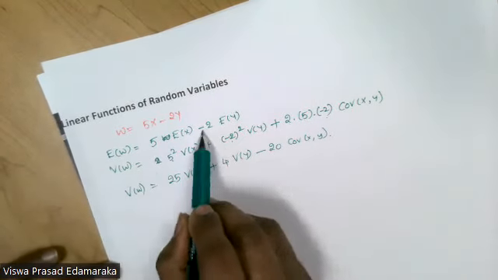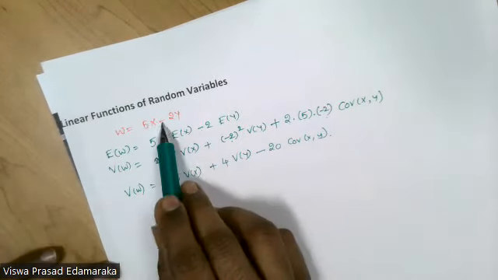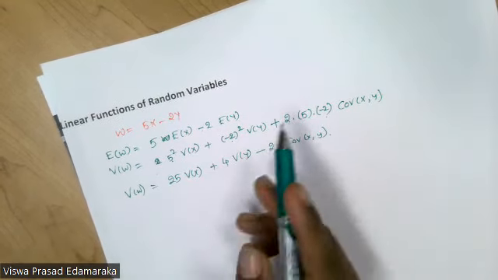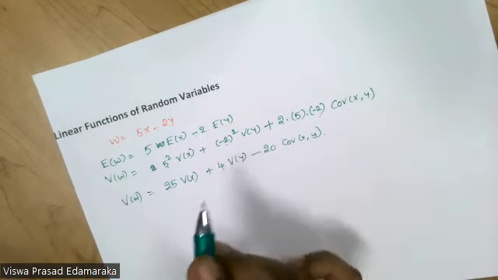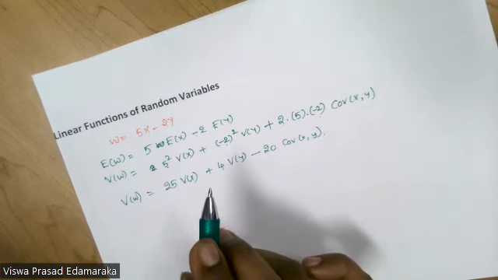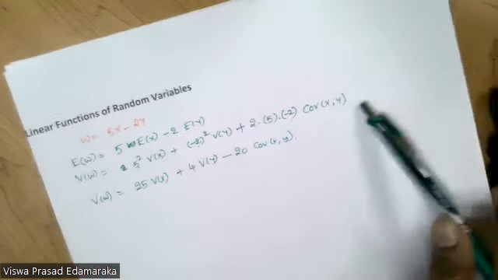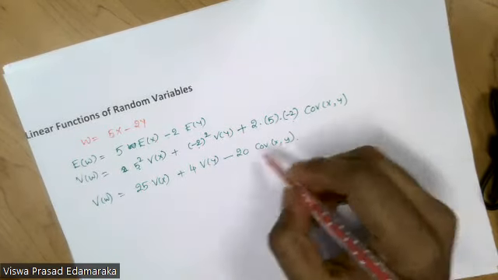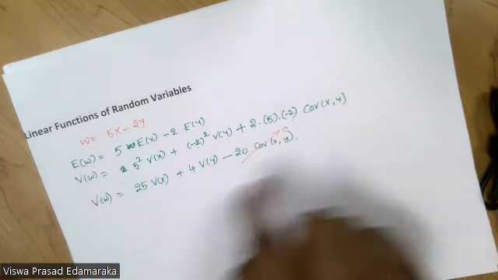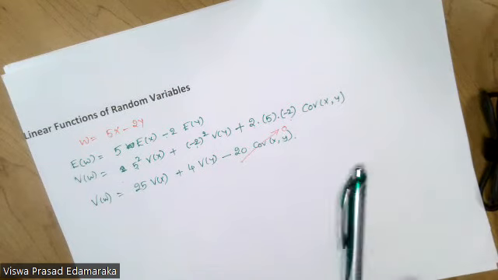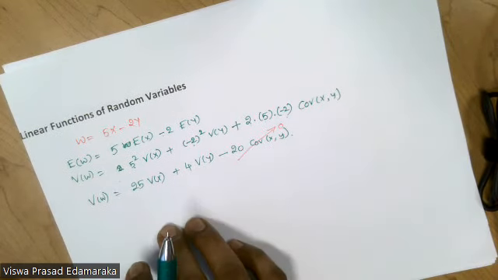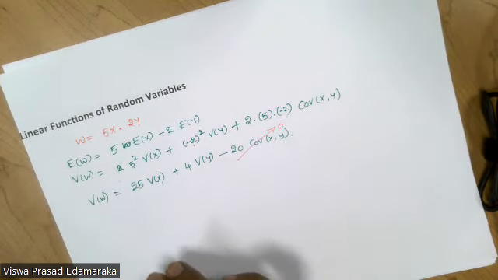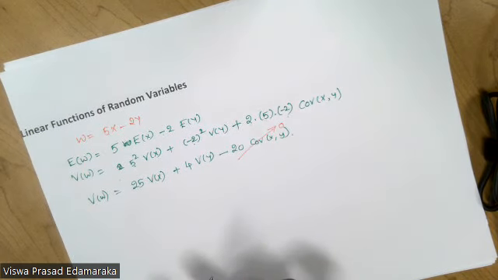Plus means plus, minus means minus, whereas in variance the minus 1 will be squared, so it gives a positive value. For example, if x and y are independent, the covariance term is straight away 0, and we calculate 25 variance of x plus 4 variance of y. I think we saw this problem in the operations research class on Thursday, the last class.